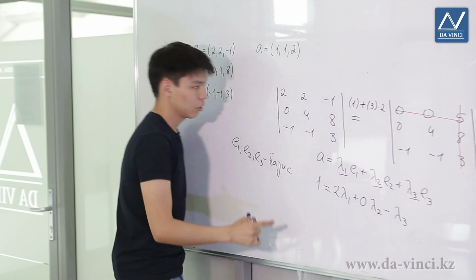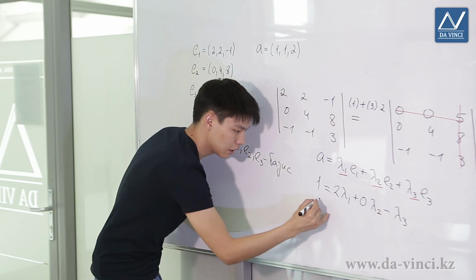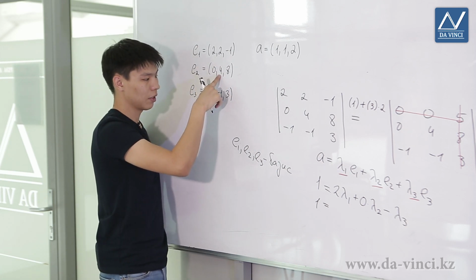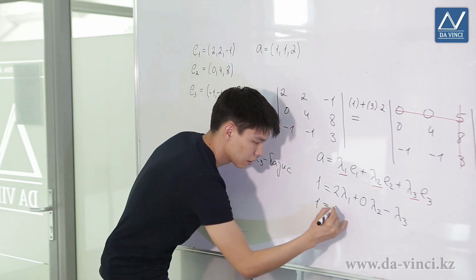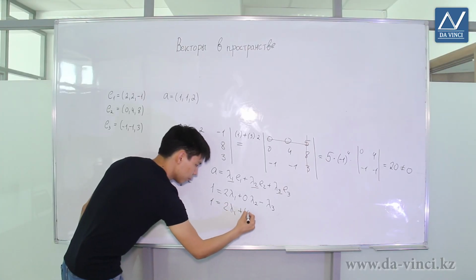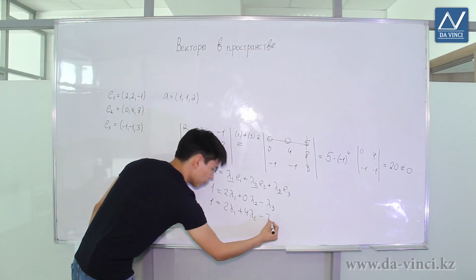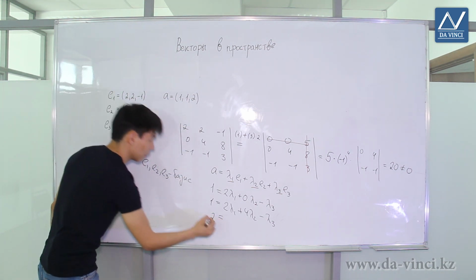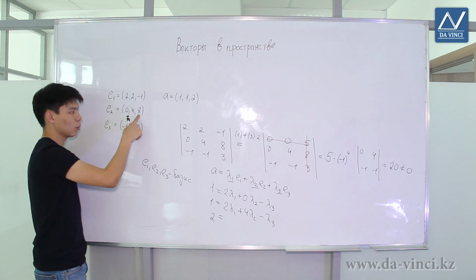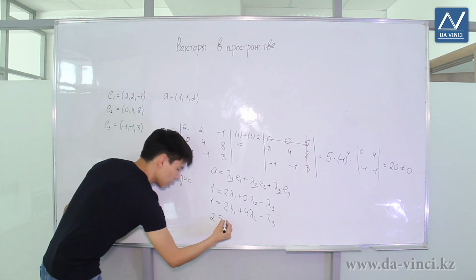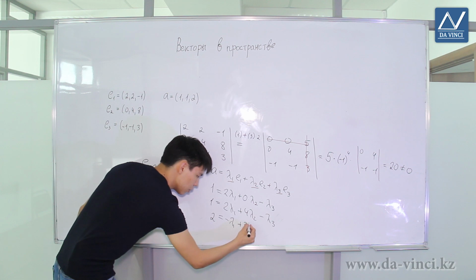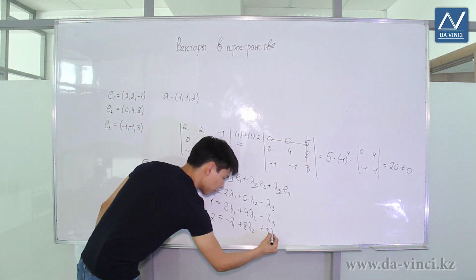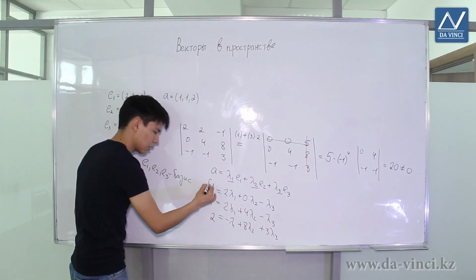Same thing with y-coordinate: 1 equals 2 lambda 1 plus 4 lambda 2 minus lambda 3. And z-coordinate: 2 equals minus lambda 1 plus 8 lambda 2 plus 3 lambda 3.